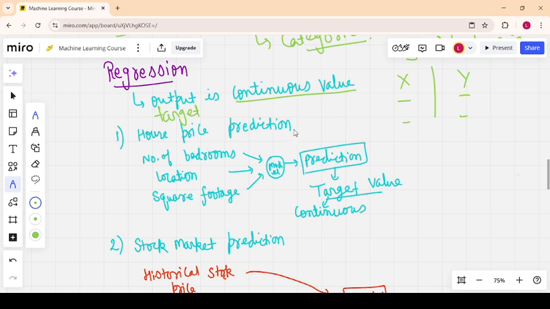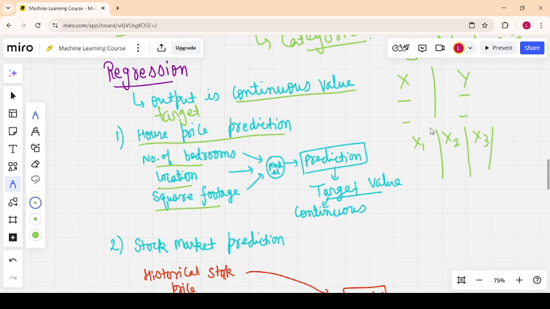Take the example of house price prediction. We have a number of features. I choose three features: number of bedrooms, location, and square footage area. I can write these features as x1, x2, and x3.